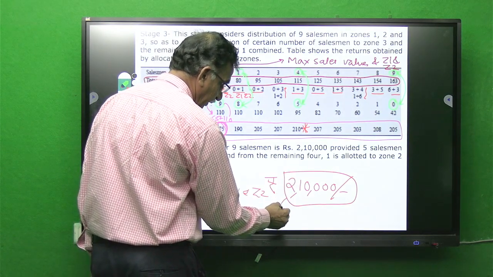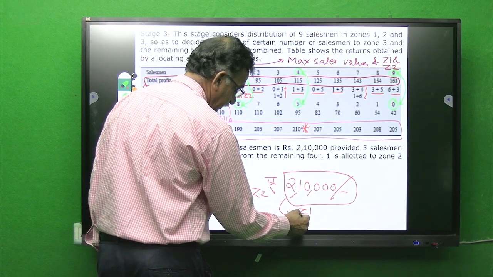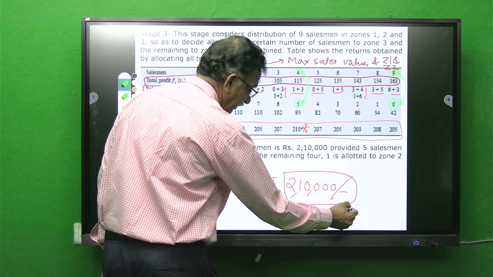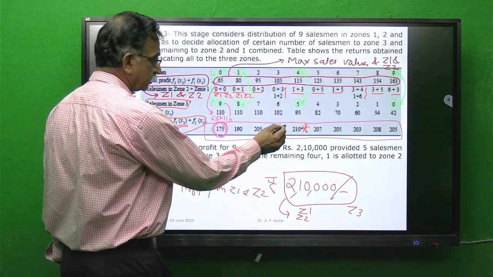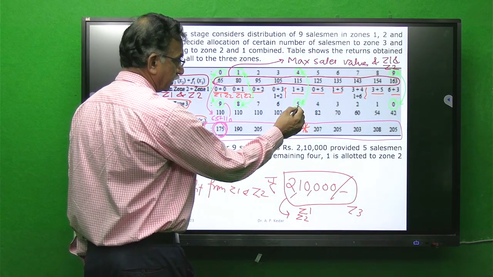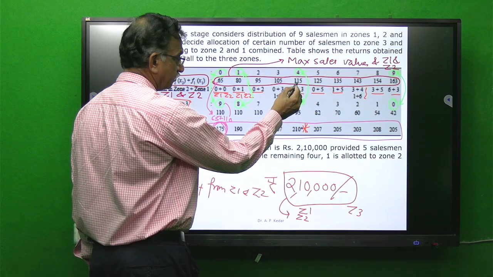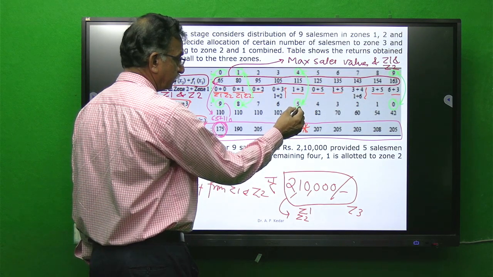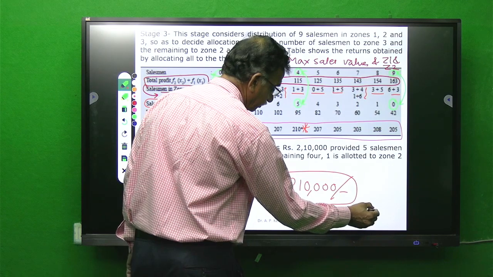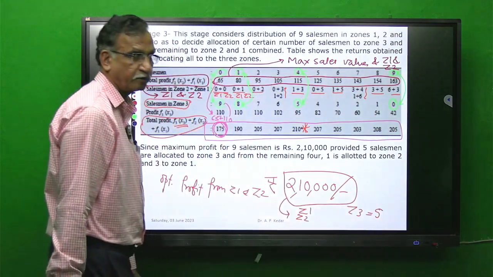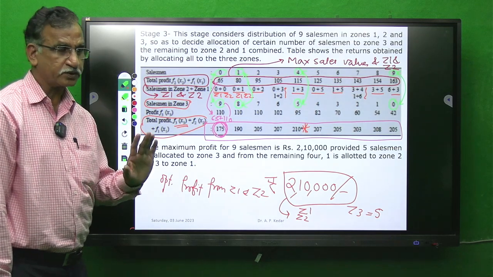For this we have to find how many salesmen in Z1, Z2 and Z3. So for this 210, this is the output of this 115 plus 95, and for 95 your number of salesmen is equal to 5. So 5 is fixed now.